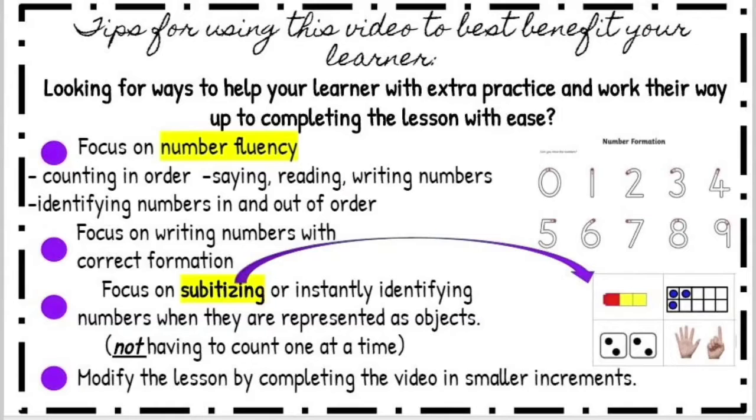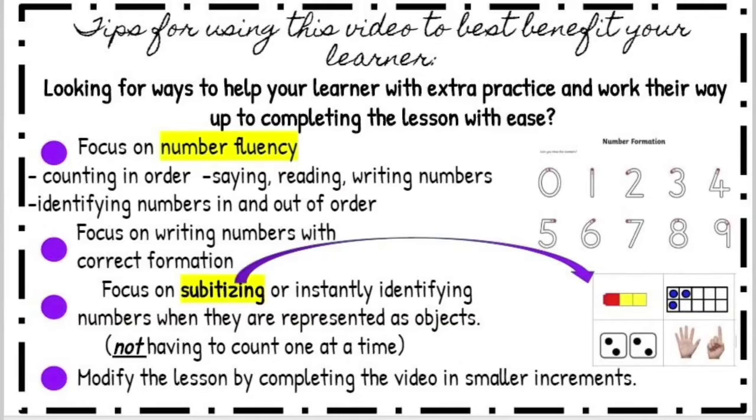And back to the number fluency, here are some suggestions listed: counting in order, saying, reading, writing numbers, identifying numbers in order and out of order. It's important for all mathematicians to focus on writing numbers with correct formation.